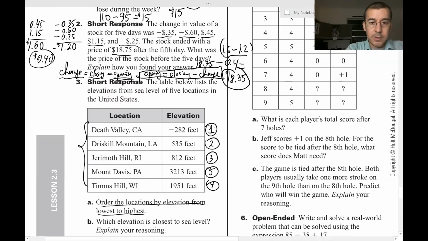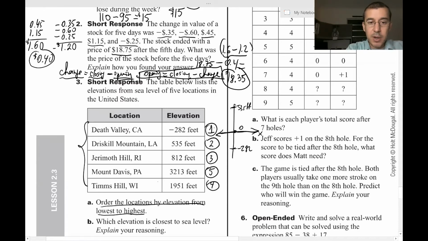Okay, B, which elevation is closest to sea level? If you draw the horizontal axis, that's sea level, 0. Minus 282 feet would be somewhere here. Then 535 feet would be somewhere there. Now what we have to do is take the absolute values.